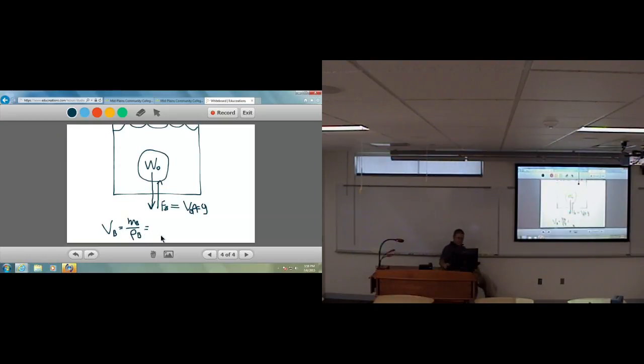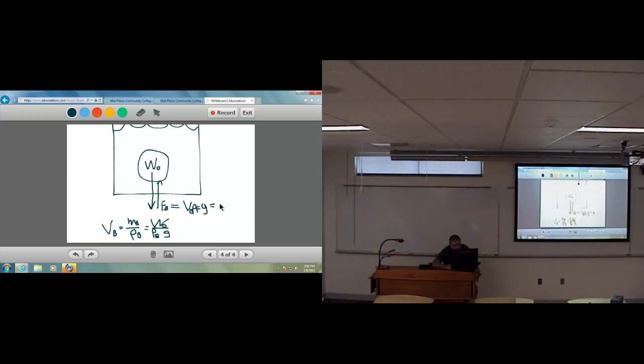Well, the mass of the body is equal to the weight of the body divided by g, right? And the weight of the body is W0 over rho body g, so that's the volume of the body.